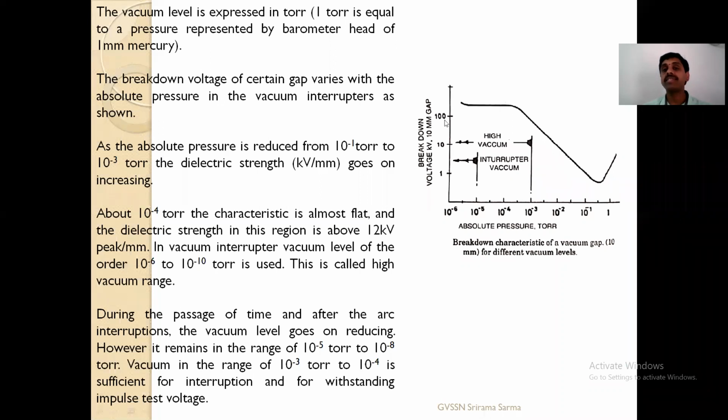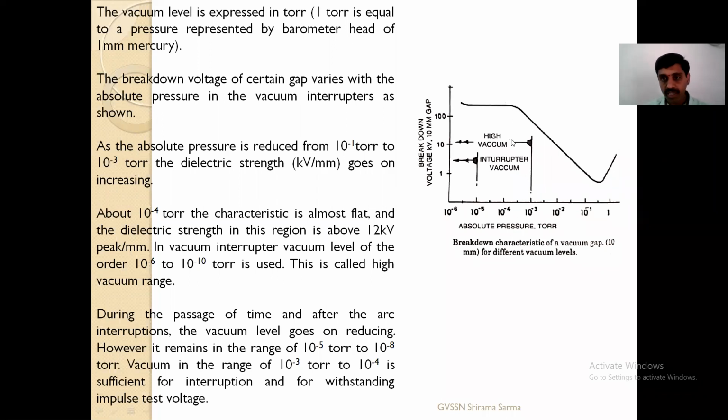The dielectric strength builds up. Dielectric strength is the deionization force. When the dielectric strength builds up, the arc won't restrike again. So as the pressure decreases, dielectric strength builds up.